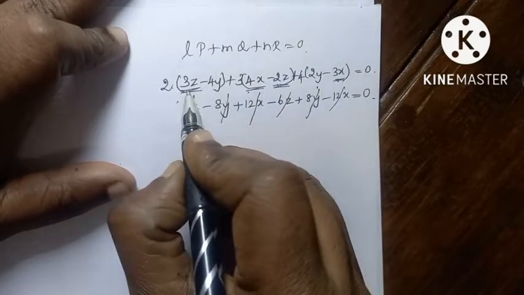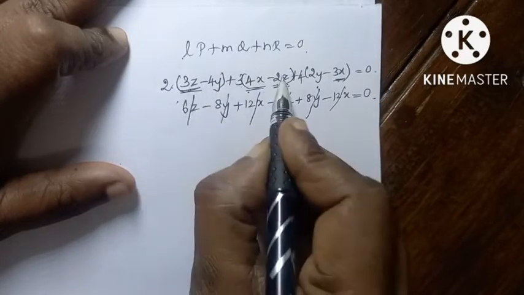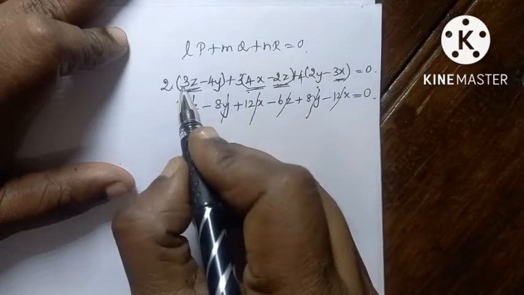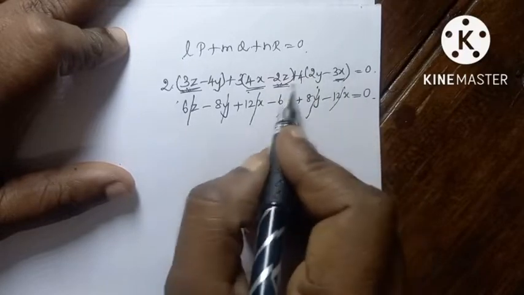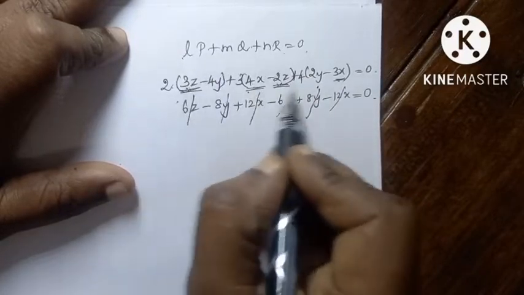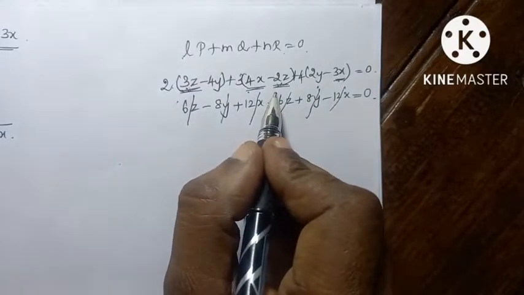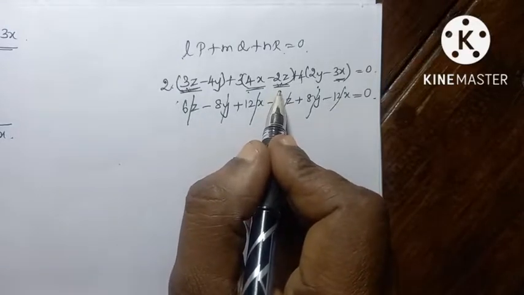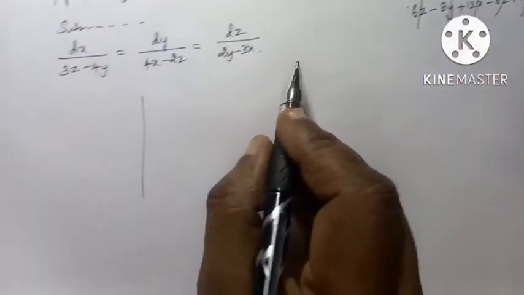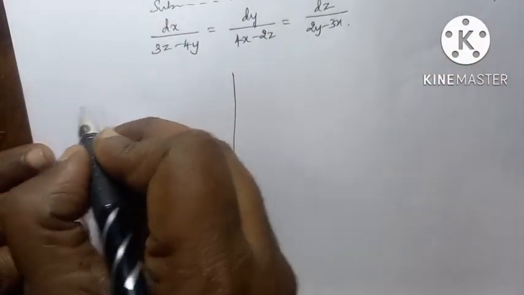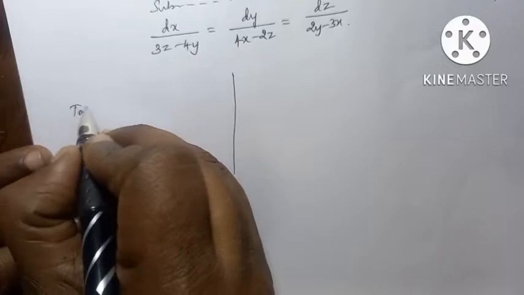Here 3z, there 2z; if I have 6z, it will get cancelled, so one should be multiplied by 2 and the other by 3. Similarly for the others. So l, m, n here are 2, 3, 4. They need not always be functions of x, y, z; they can be constants also. So this is the first set of multipliers.